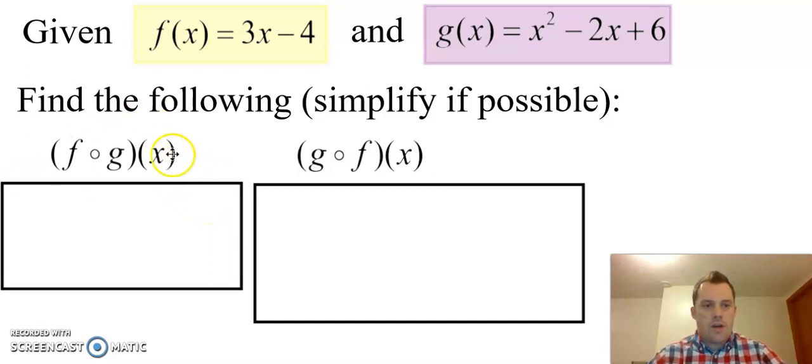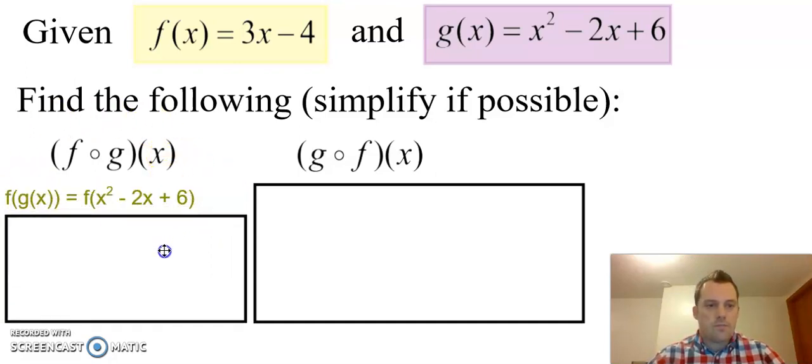So the first example, f of g of x. Well, I always like to rewrite it like this, so it's easier for me to see. I plug my x value into my g function. Well, that's just going to give us x squared minus 2x plus 6. So that's my output for g of x, and now that is going to be the input into the f function.